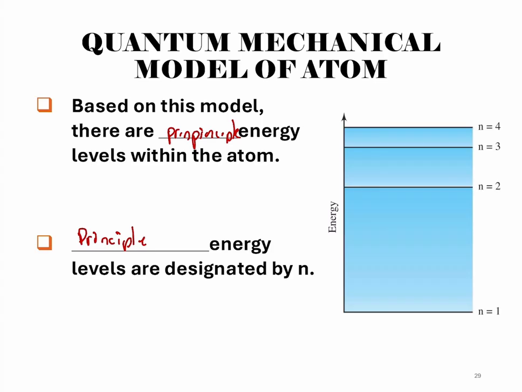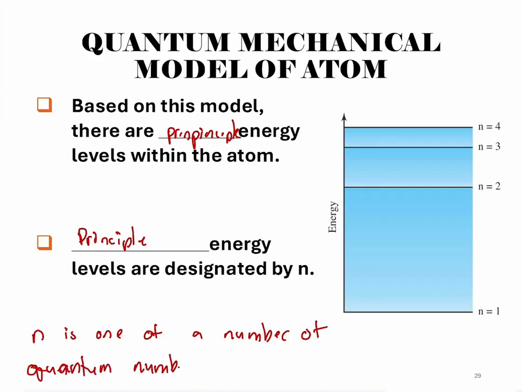And so N is one of a number of quantum numbers. Right, and what this number N describes is just what energy level the electron is at.